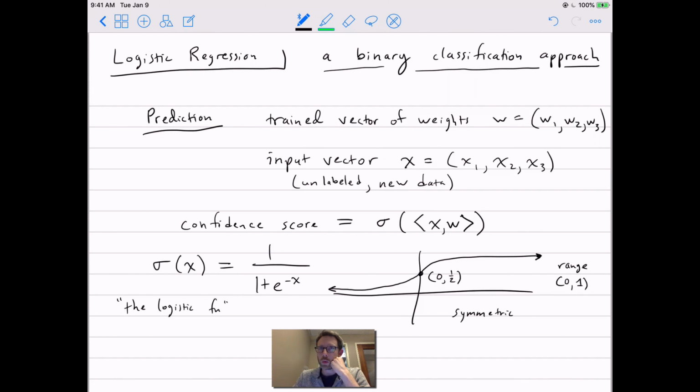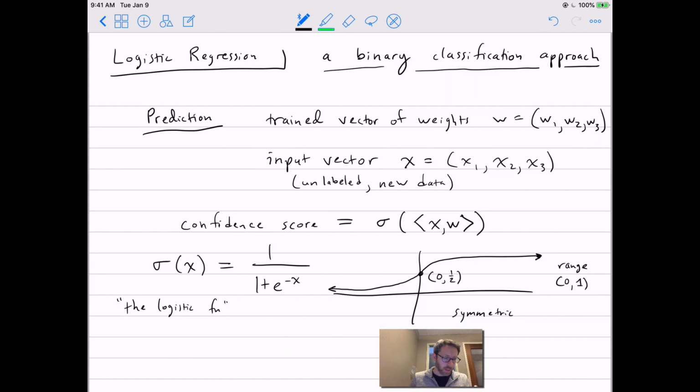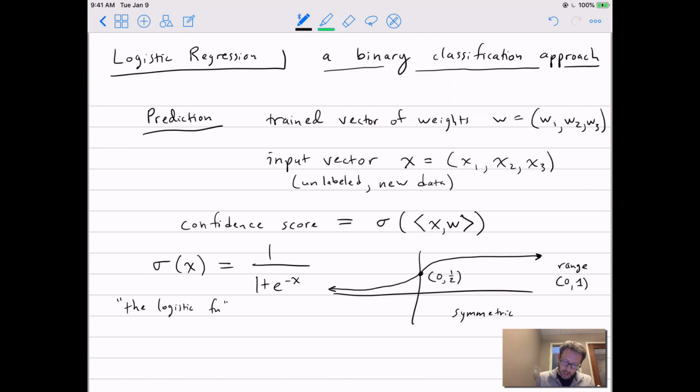The reason the word regression is used here is that it is extremely similar to linear regression. I mean, under the covers, it's basically linear regression, and then someone stuck a logistic function on top of it. So the name kind of makes sense, even though it's a little messed up. Okay, and then the actual classification, the actual prediction here, as I mentioned before, is rounding the value of the confidence score.